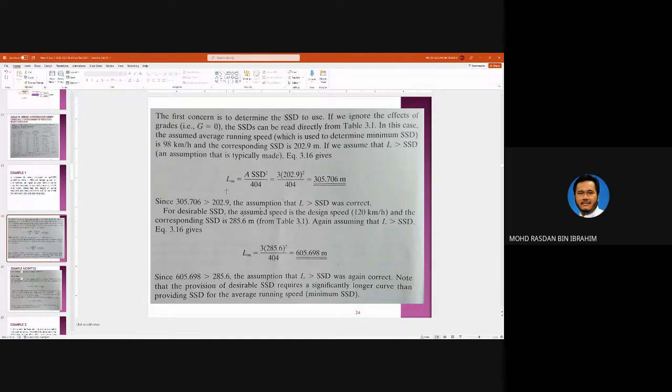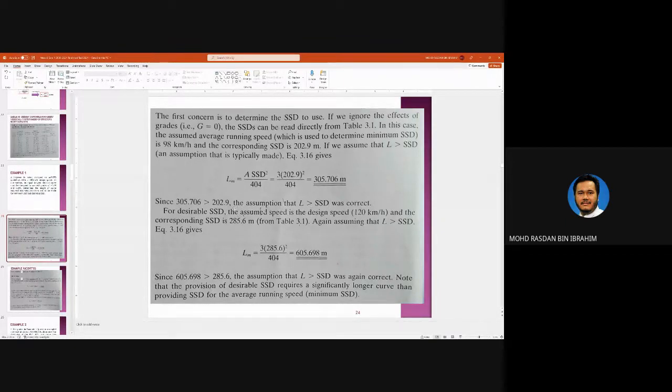This is our assumption that L is more than SSD. We do not know whether L is more than SSD or not, isn't it? We just use this formula. So you plug SSD into this equation, you calculate, you get this. So SSD is indeed smaller than 305.706. Okay, so the assumption L is more than SSD is correct.